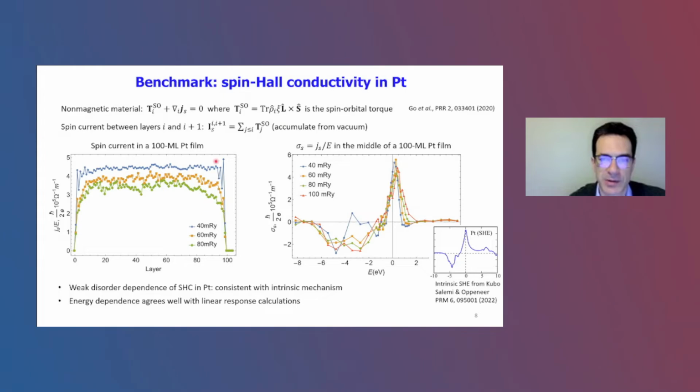There is no linear response calculation here. It's just a disordered platinum film, and we explicitly calculate the spin current and average it over the disorder configurations. So it's quite reassuring that it reproduces the known result in platinum, where the spin-Hall effect is believed to be due to the intrinsic mechanism.